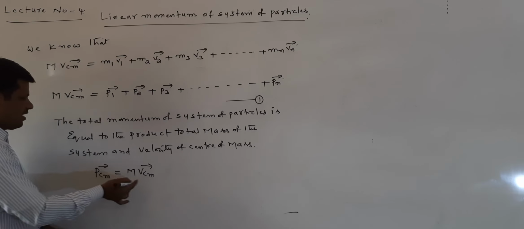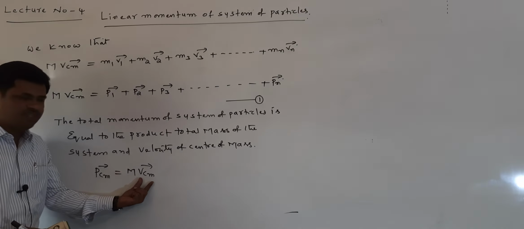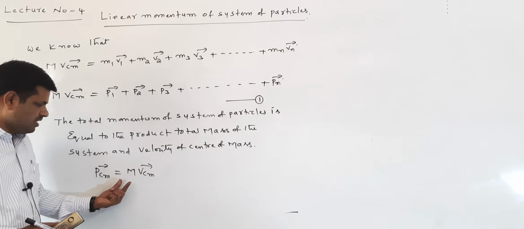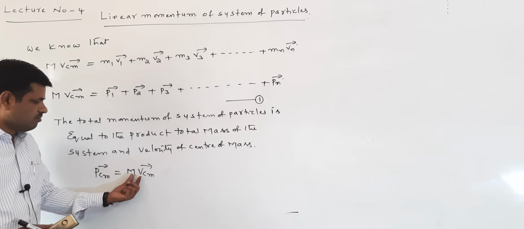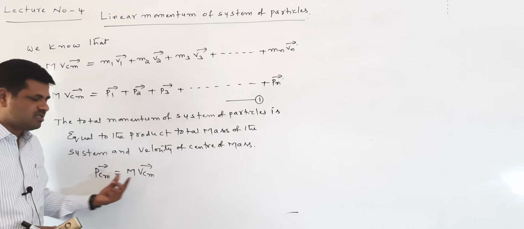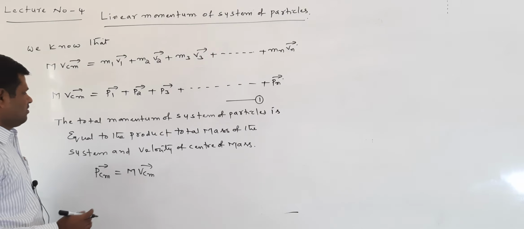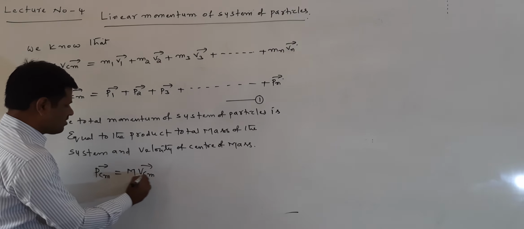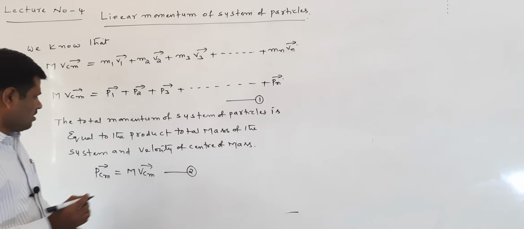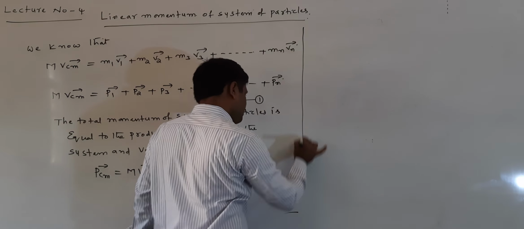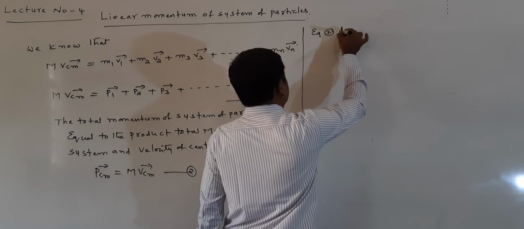The total mass of the system multiplied with the velocity of center of mass gives the momentum of center of mass, since mass into velocity gives the momentum. Right. Now PCM bar is equal to M into VCM bar. This is given as equation number 2.